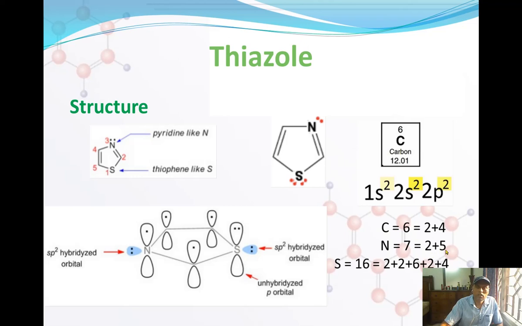For the third principal level, you're going to have 6 electrons. Now this condition is similar to the oxygen that we have seen in the last class. In this case, out of the 6 electrons, 2 electrons are going to be in the unhybridized p orbital, right?